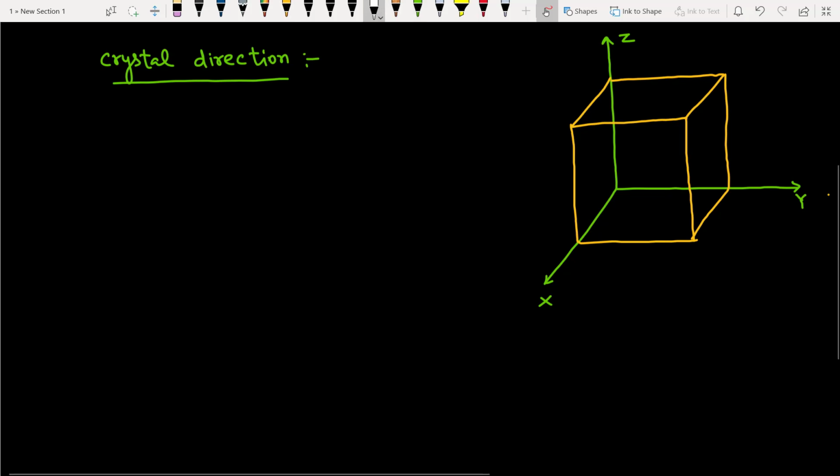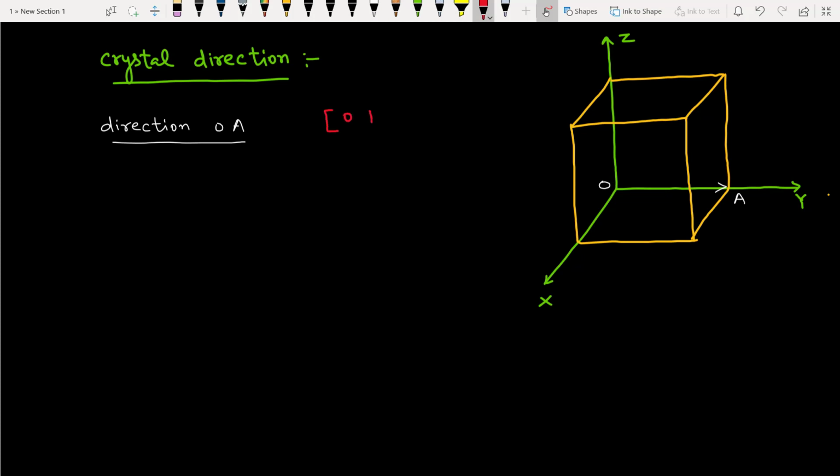O is the origin. Then let this point be A. Then this direction OA will be represented by 0, 1, 0.